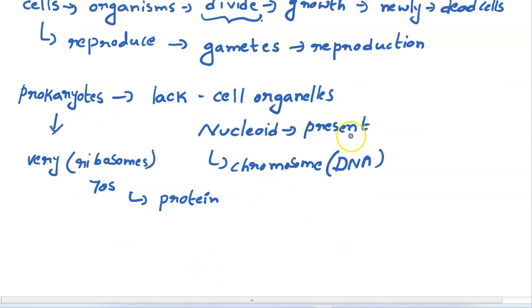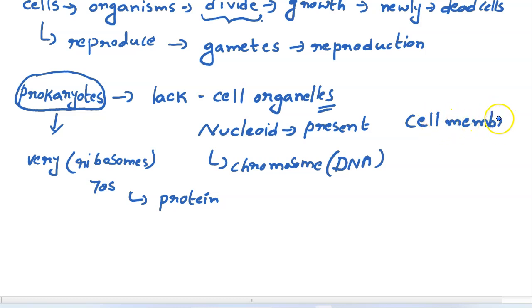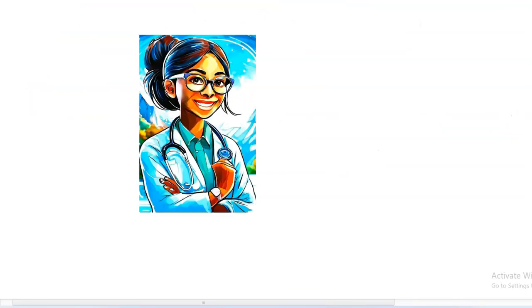In eukaryotes, separate cell organelles are used to perform functions, but in prokaryotes, cell organelles are absent. Hence, the functions of cell organelles are carried out by the cell membrane in prokaryotes. Let us consider the remaining topic in the next video.